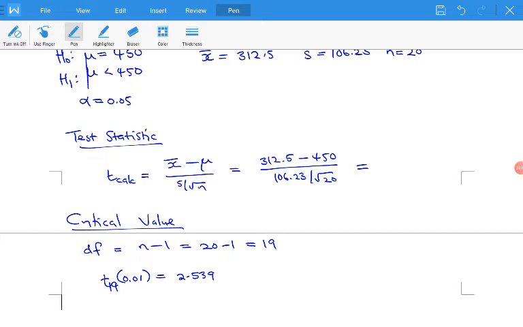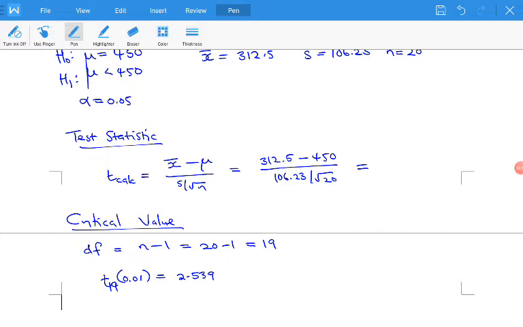Okay, now going back to our test statistic, we have a sample size 20. Then the mean is 312.5. Then our standard deviation is 106.25.